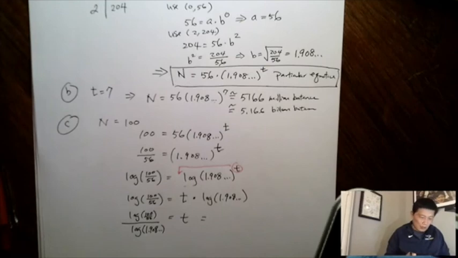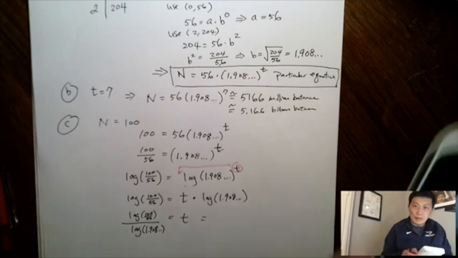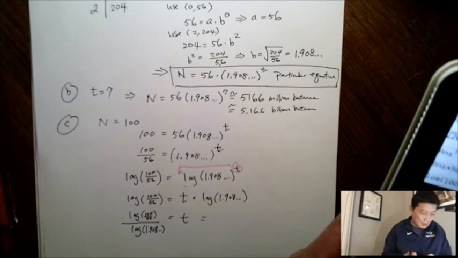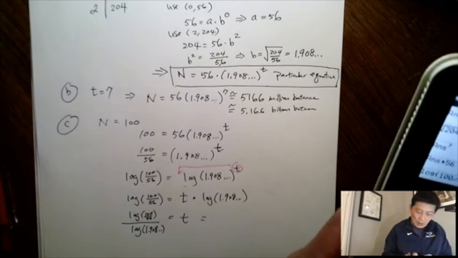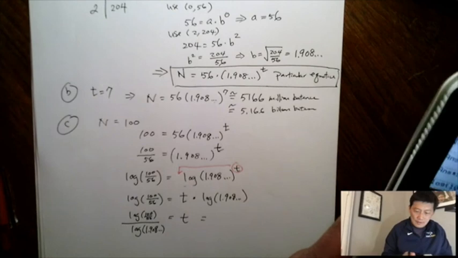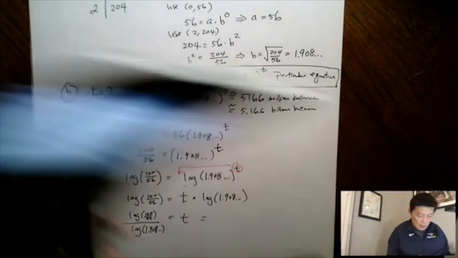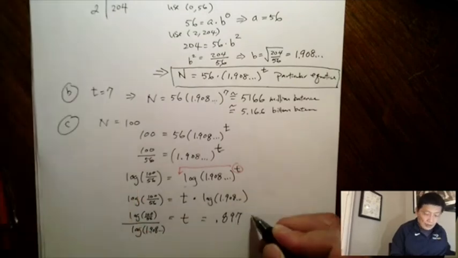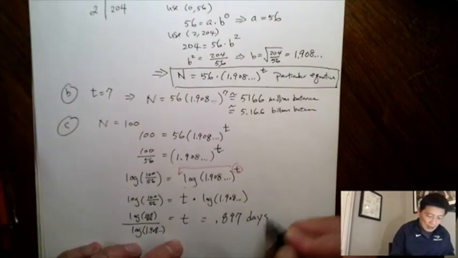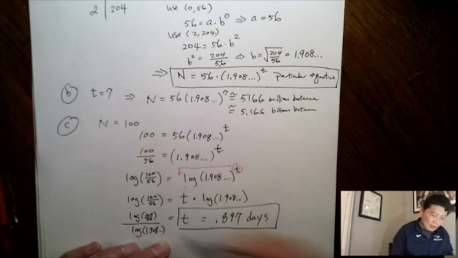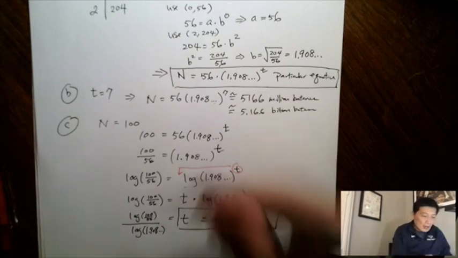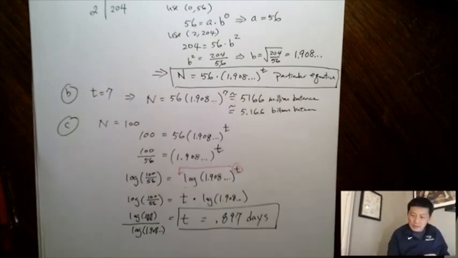I got log 100 divided by 56 and divided by log 1.908, and I will end up with 0.897, and the unit of measure is days. So it's less than 1 day, but about 0.9 days. 0.9 days is when I will get 100 million bacteria.